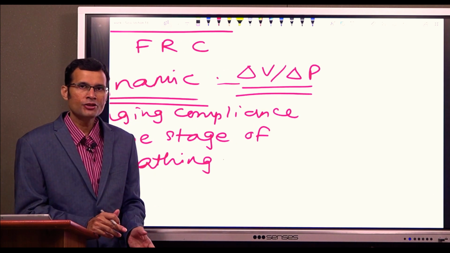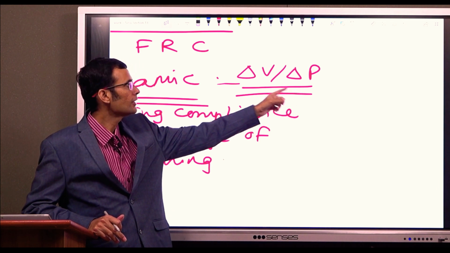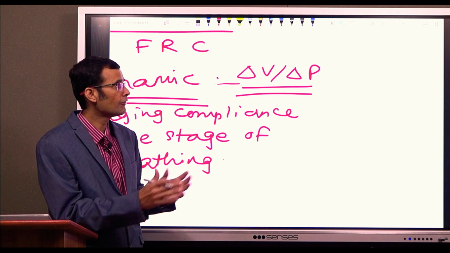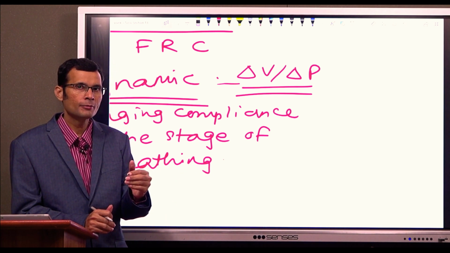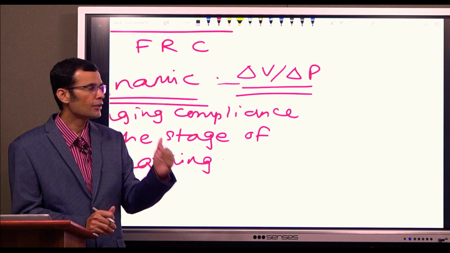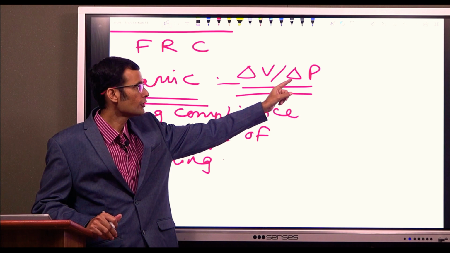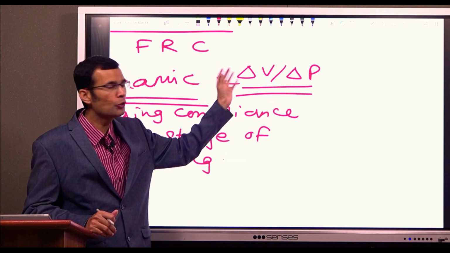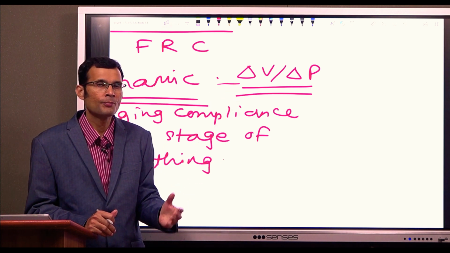What I'm trying to say here is that at some stage of inspiration, for a small pressure change, for a small delta P, there would be a good delta V, a good volume distension. That means the compliance is good.